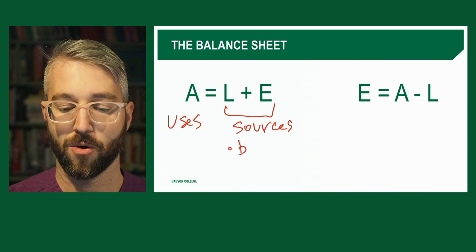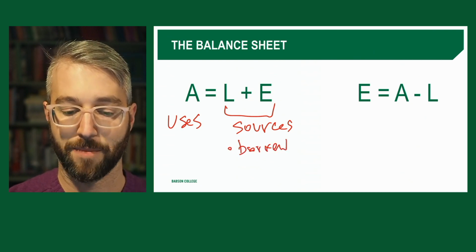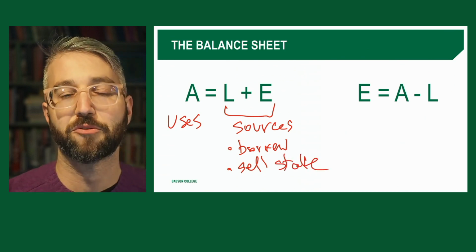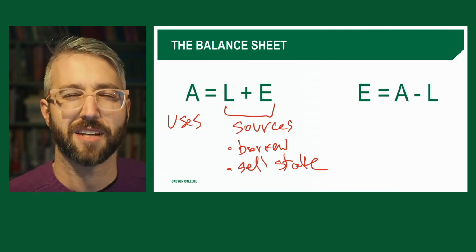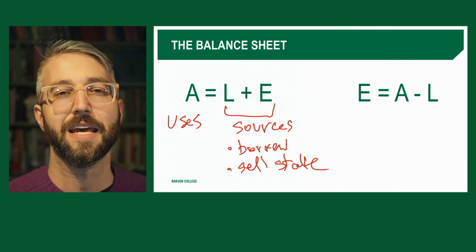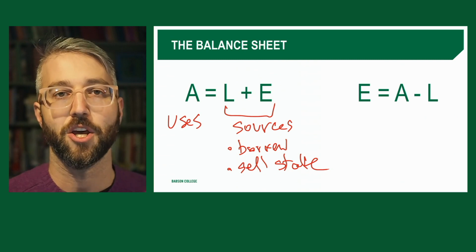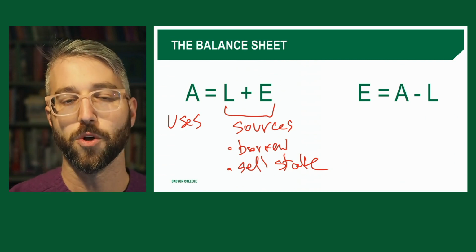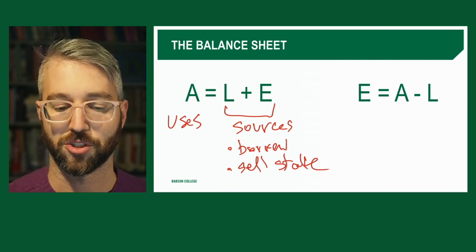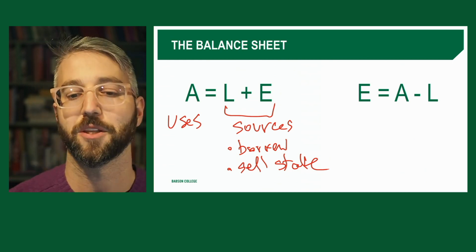Either they can borrow it, and that's liabilities, or they can sell a stake to the firm's owners. So the left-hand side of the slide shows the classic statement of the balance equation, assets equals liabilities plus equity. Really, it's telling us that uses of funds equals sources of funds, and the two ways that the firm can finance itself is through some mix of liability plus equity.